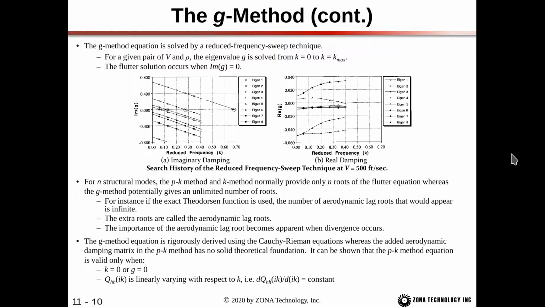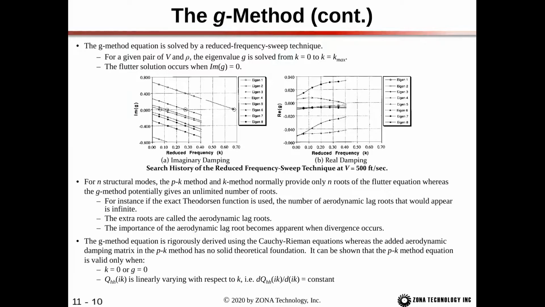Now for n structural modes, the PK method and the K method normally provide only n roots of the flutter equation, whereas the G method potentially gives an unlimited number of roots. For instance, if the exact Theodorsen function is used, then the number of aerodynamic lag roots that would appear is infinite, and the extra roots are called the aerodynamic lag roots.